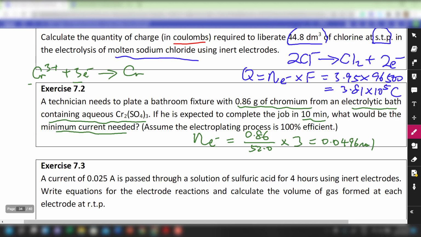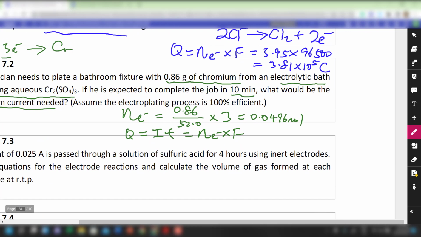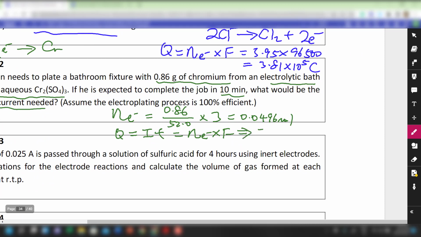Because the technician is expected to complete the job in 10 minutes, I need to calculate the minimum current. So what I'm going to do now is equate Q to It, and at the same time equate It to the number of moles of electrons transferred multiplied by Faraday. So the minimum current required will be I equals the number of moles of electrons transferred, 0.0496, multiplied by 96500, divided by the time.